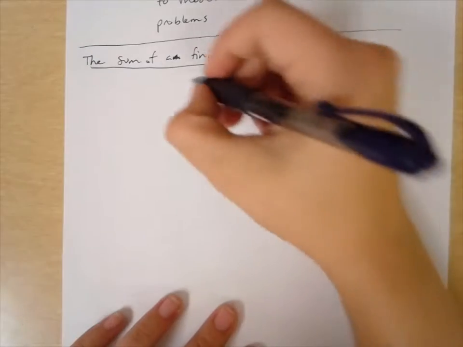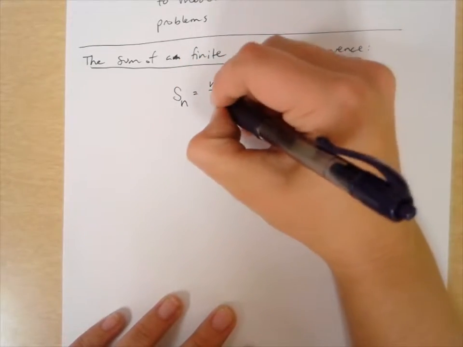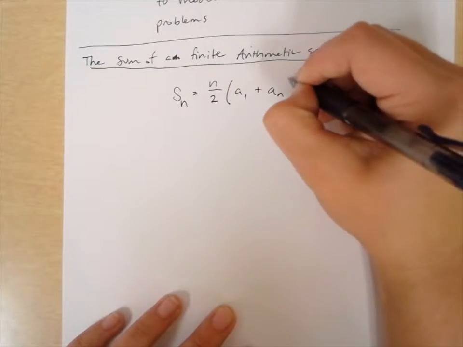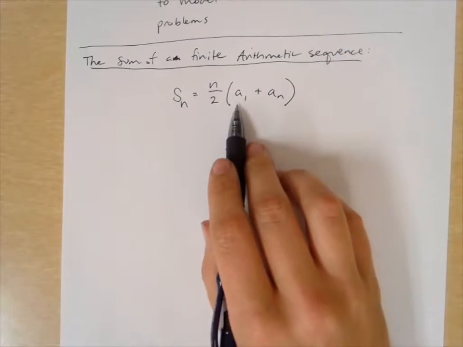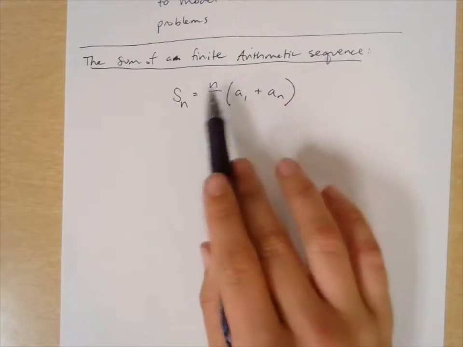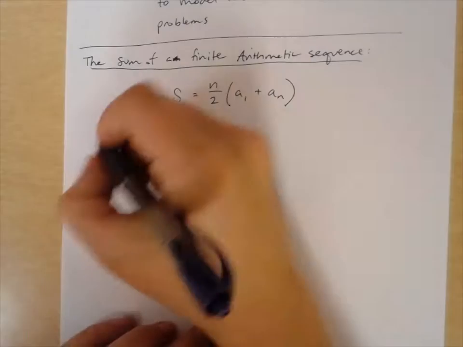And we can do that if we use the formula S sub n equals n over 2 outside a sub 1 plus a sub n. So the first term plus the last term times whatever the number of the last term is over 2. And we will go through that in the first example.